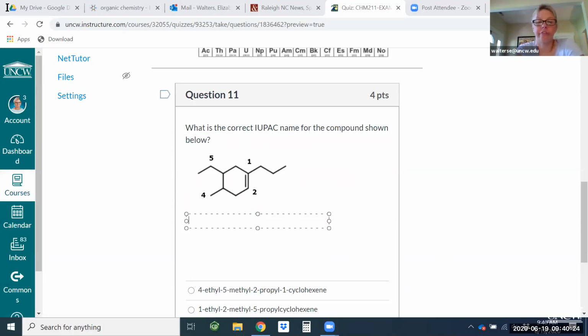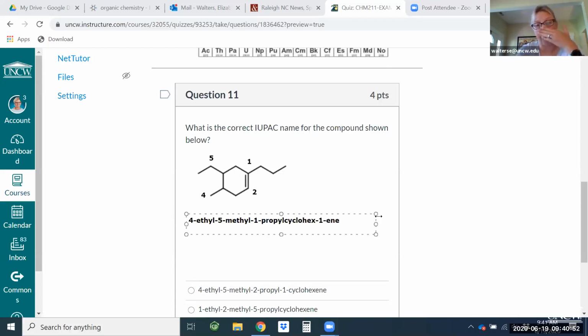So 4 ethyl, 5 methyl, propyl. I would have put cyclohex. I would have put a 1 there.